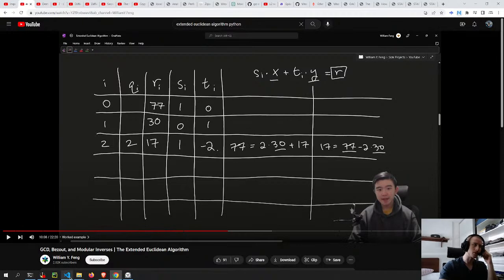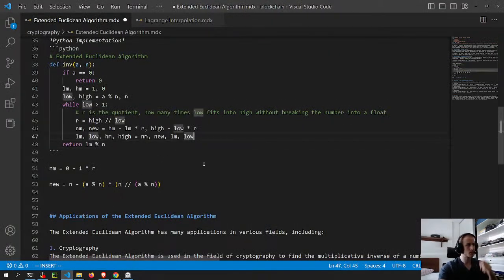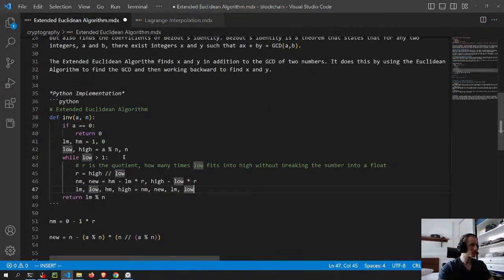Let me see if I'm understanding this. So it starts with 1 and 0 because it's the smallest. And then you want to work your way back to the greatest common divisor.